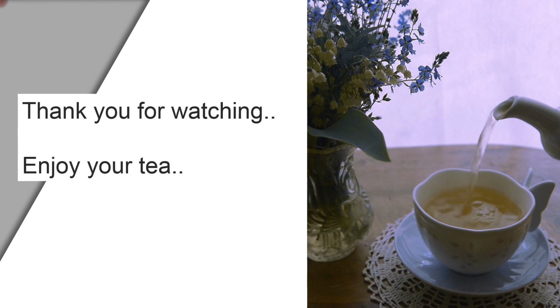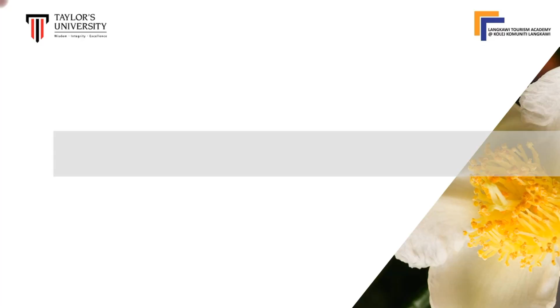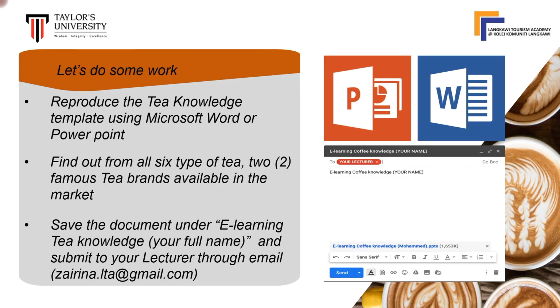Please don't go away because you have an activity to do. Let's do some work. Reproduce the tea knowledge template using Microsoft Word or PowerPoint. Find out from all 6 types of tea, 2 famous tea brands available in the market.